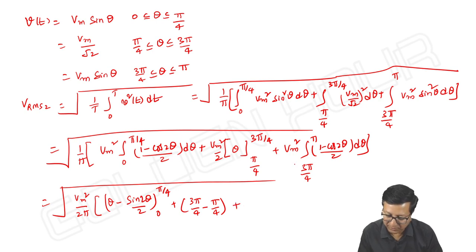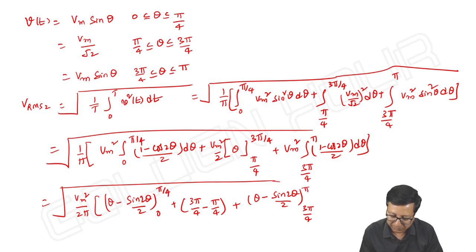And coming to the third one, again theta minus sine 2 theta by 2 over the limits 3 pi by 4 to pi.